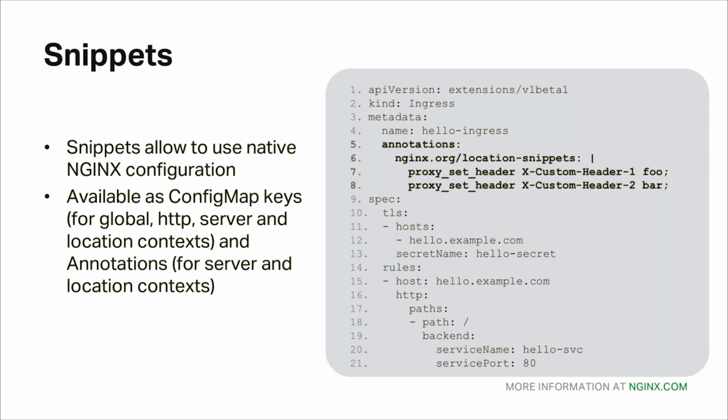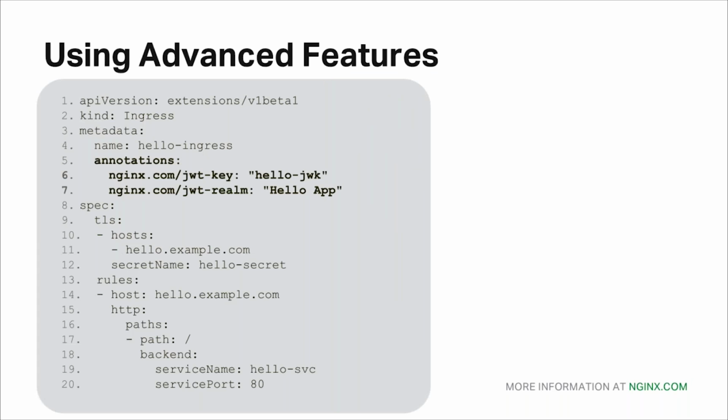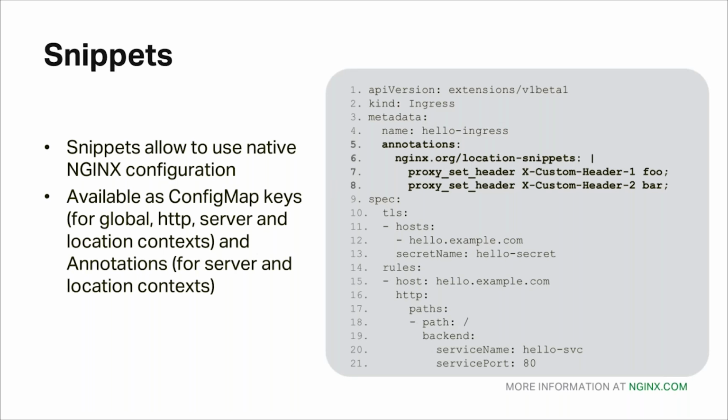Annotations and config map keys don't require you to know a lot about NGINX configuration, as we saw in these examples. And snippets are a special case of annotations and config map keys. Snippets allow you to work directly with native NGINX configuration. And you can use snippets to insert configuration into the global, HTTP, server or location context of NGINX.